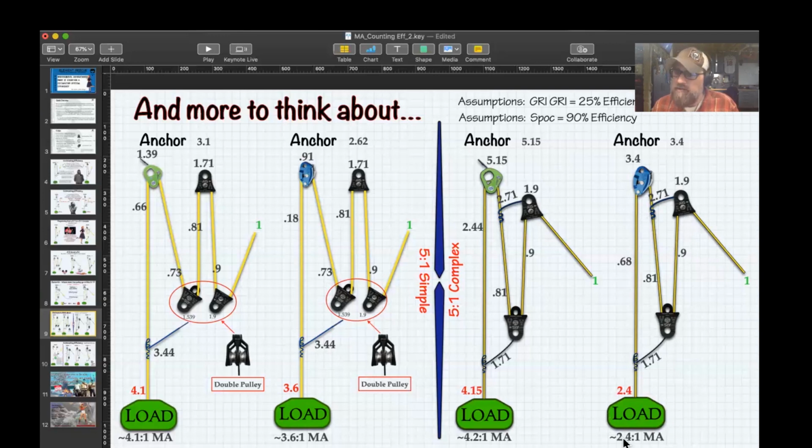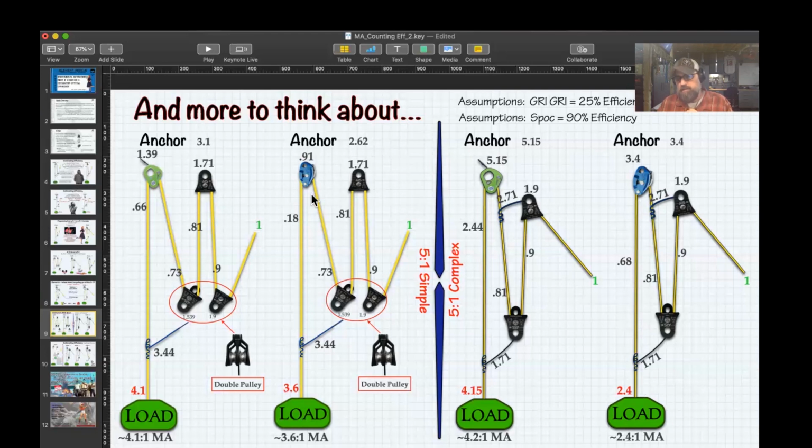So you start theorizing. Think about why that would happen. Why would my efficiency go to crap on my 5-to-1 complex just by adding the same device I'm putting into that simple? Just by adding an inefficient progressive capture into my 5-to-1 complex, it took a dump in my system.